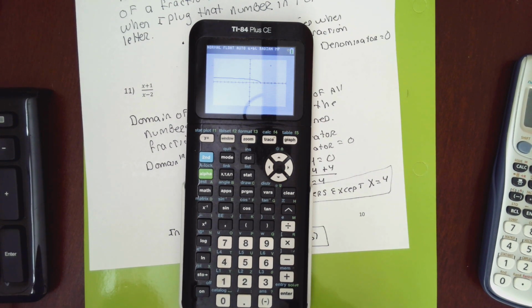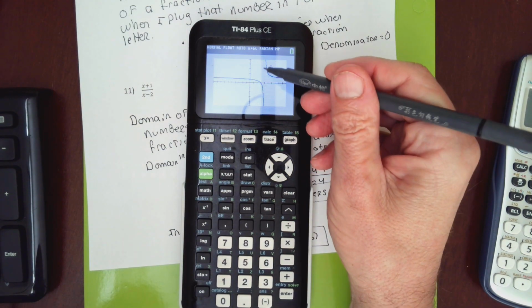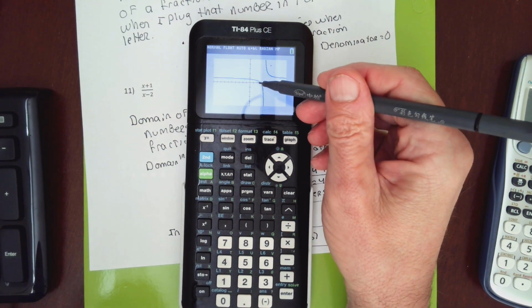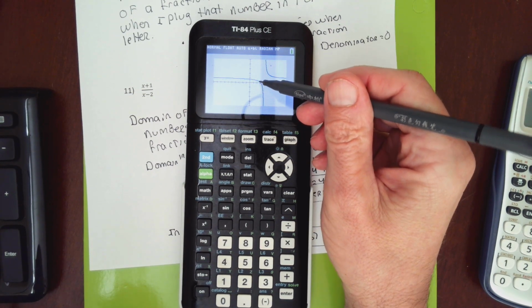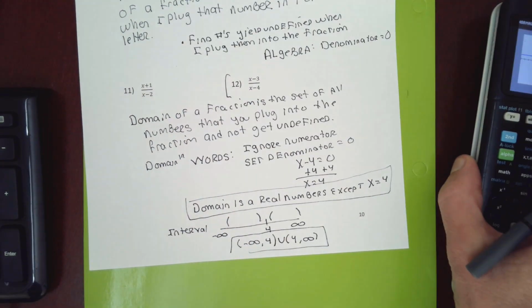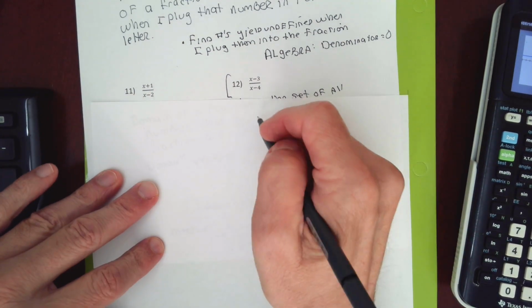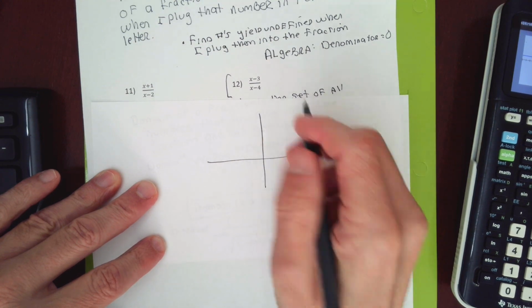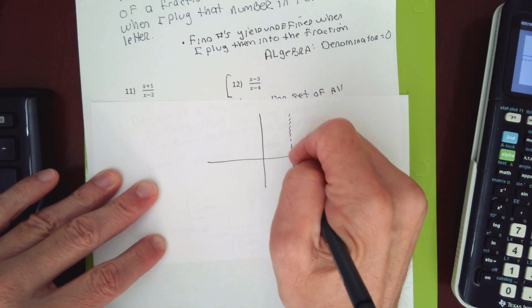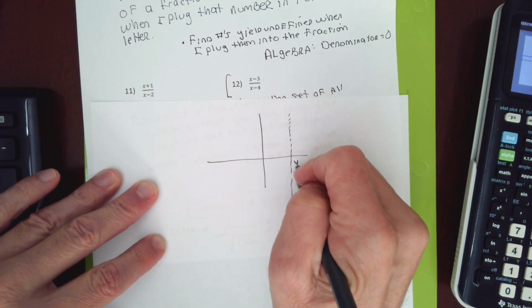It's going to have a break at 4. Right here, there's a break at 4, and it crosses the x-axis at x equal to 3. There's not a break at 3, but there's an important feature of the graph at 3. So real quickly, for those of you that are visual, the graph of this looks something like this.